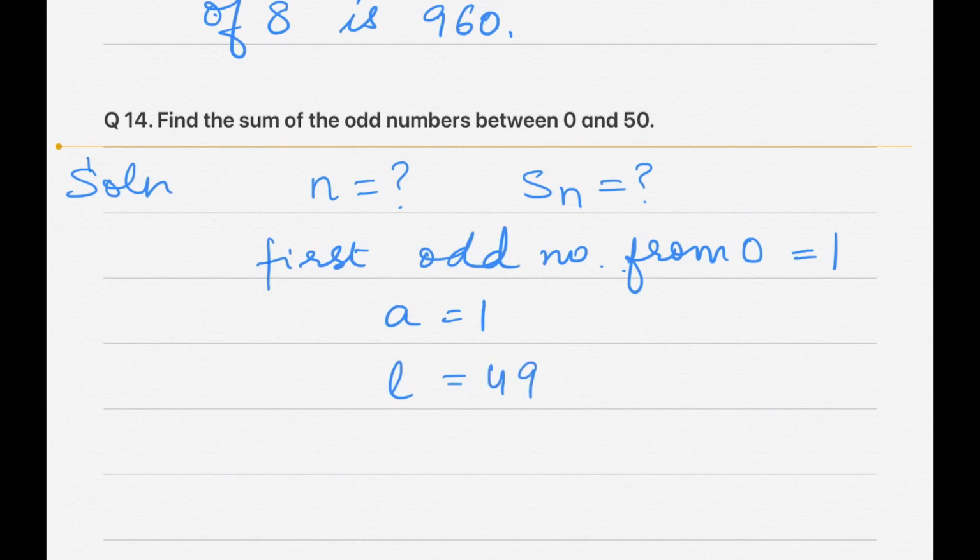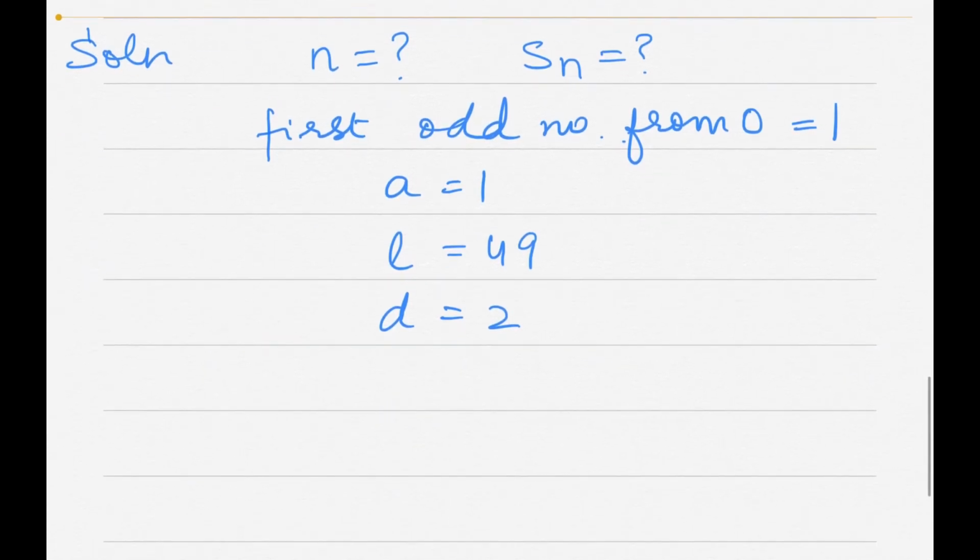So I know my a, I know my l, and first I'll find n. And what is d? d is always 2 in odd numbers, right? So d would be equal to 2, because every alternate number is an odd number, correct? So I can use the last term formula. l is equal to, or Tn or an, all these are the same, a plus n minus 1 into d.